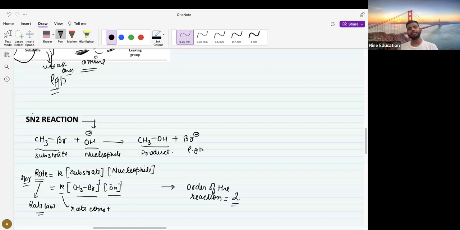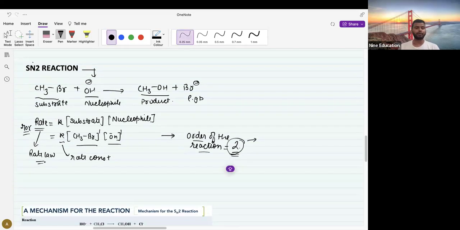So when we add the powers of all the concentrations, we will get the order of the reaction. Order of the reaction means how many molecules are actually participating in the reaction. Based upon that we write the order of the reaction. So this is second order. So these SN2 reactions are second order.